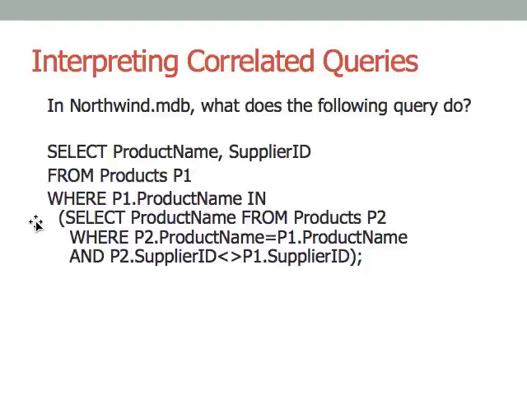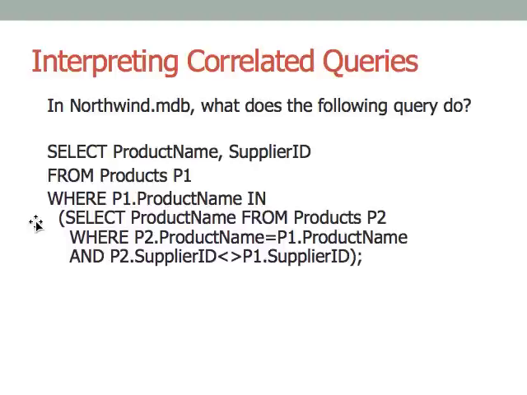Once the first product in P1 is picked up, I compare that row by row with product names from product as P2. If I find a match, on whichever row I find a match, I look at the other condition, where the supplier ID in product as P2 is not equal to the product as P1 supplier ID. I output the name and supplier.